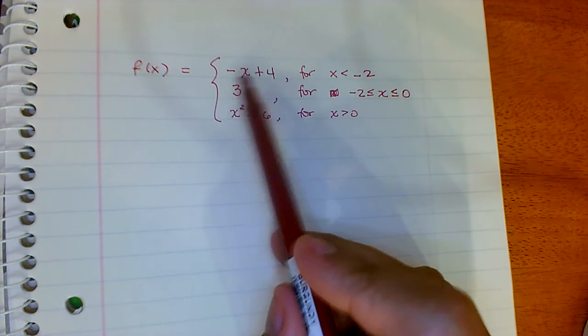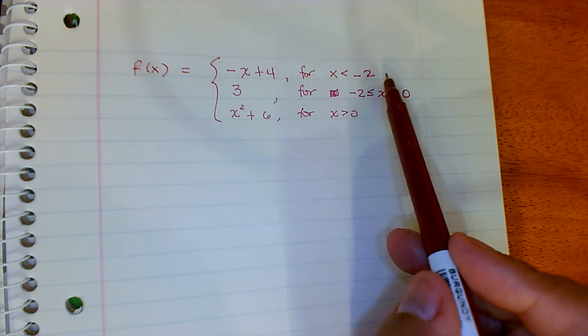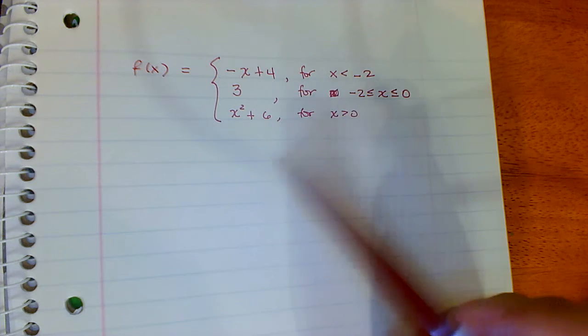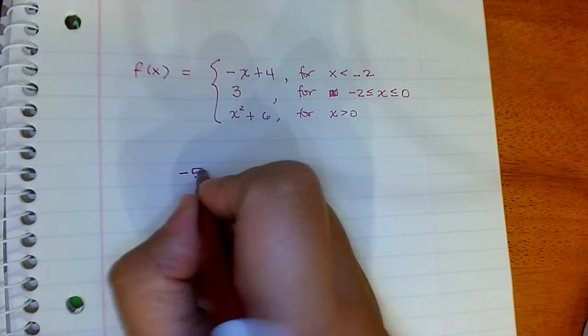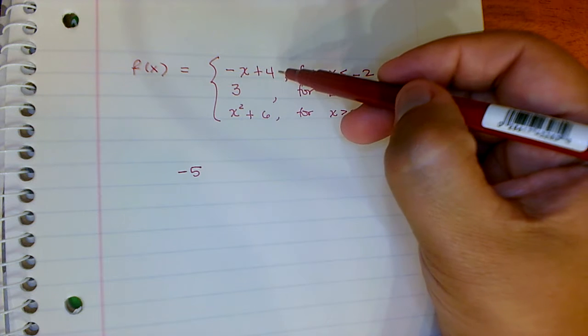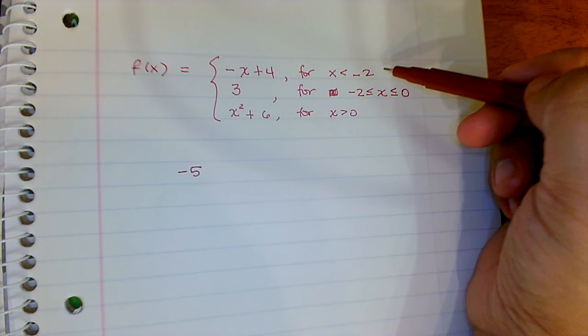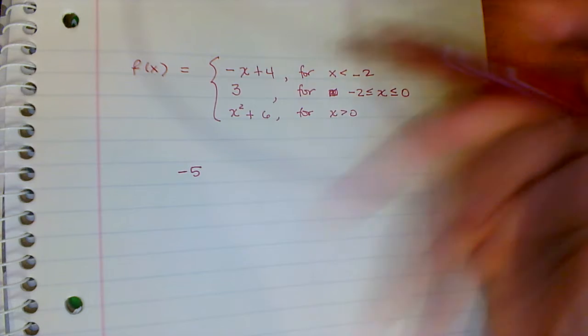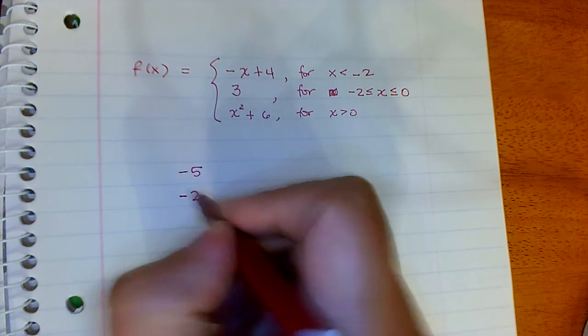So this says it's defined by this equation negative x plus 4 whenever x is less than negative 2. So something less than negative 2 would be something like maybe negative 5. And even though it's not defined by this equation at negative 2, I still want to know what it looks like at negative 2 so that I know what that changeover point is going to look like for us. So I'm going to plug in negative 2.